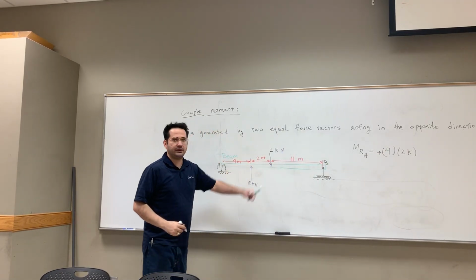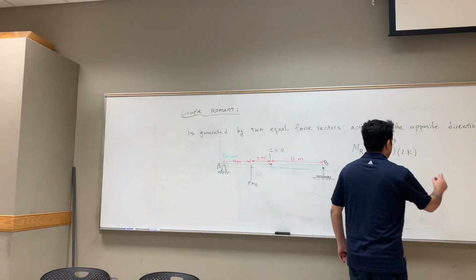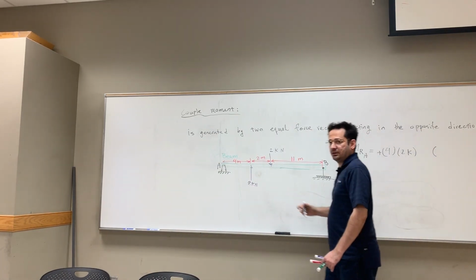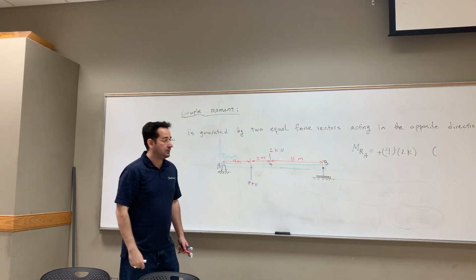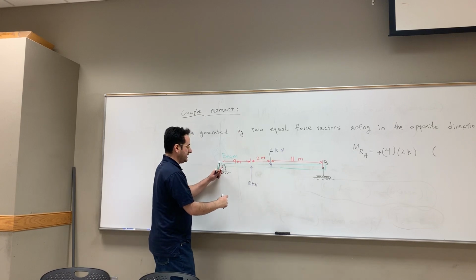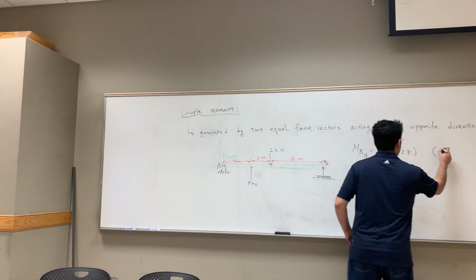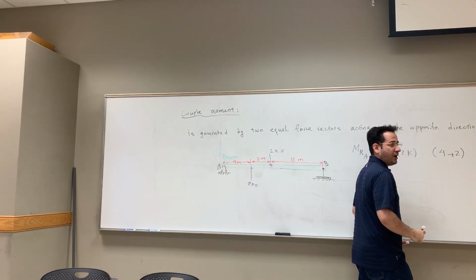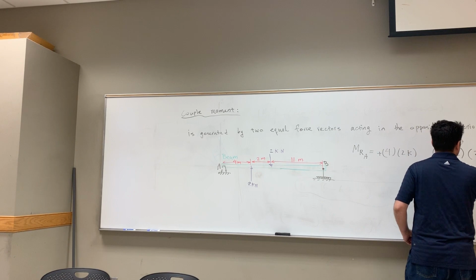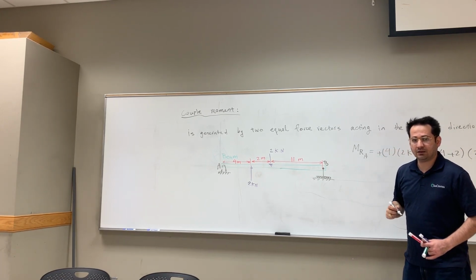Now let's go to the next one. What should I write for that? This one. 11 times 2. From this point A. Oh, 6. All right, 4 plus 2 times 2K. Positive or negative? Negative.